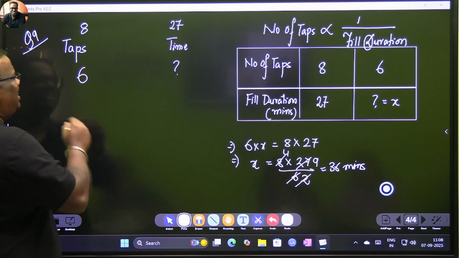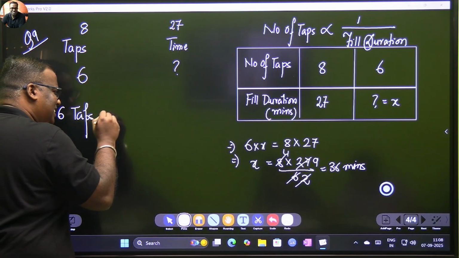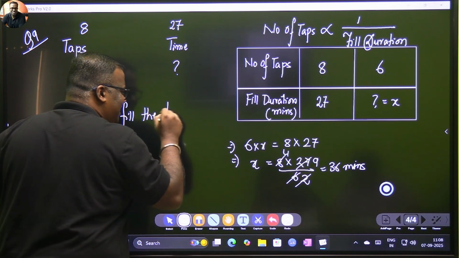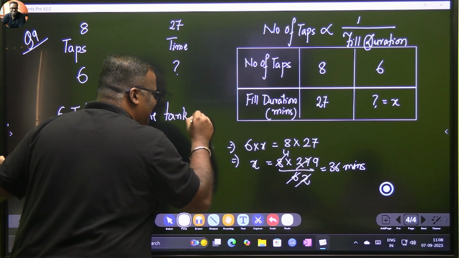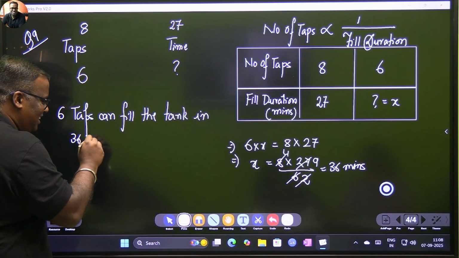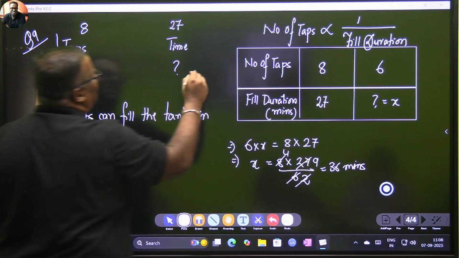What is your answer? 6 taps can fill the tank in 36 minutes. If you bring down the taps, duration goes up.